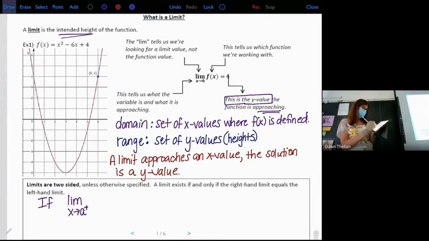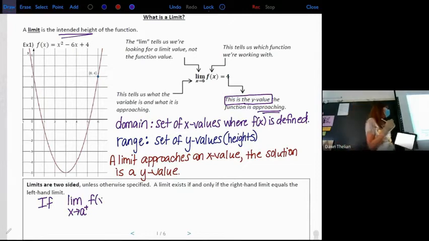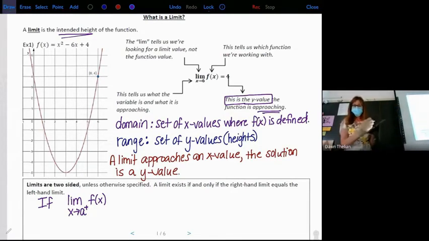Then we would have to give it a function, so we're calling ours f of x. This now is reading: the limit as x approaches a from the right of f of x is equal to the limit as x approaches a, and then we would put a little negative sign, sort of like an exponent on the a, as from the left of the function.